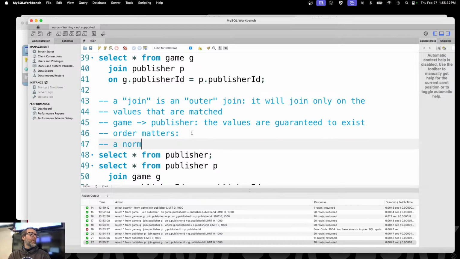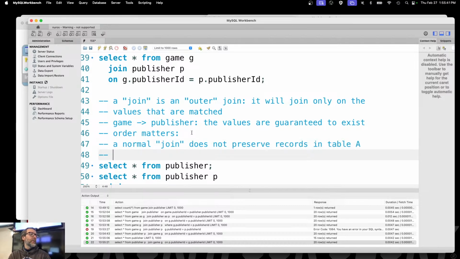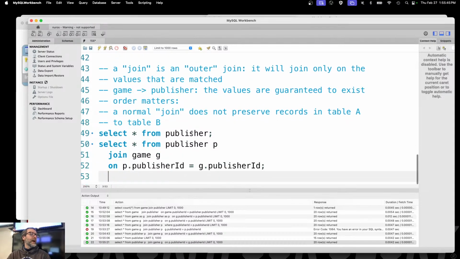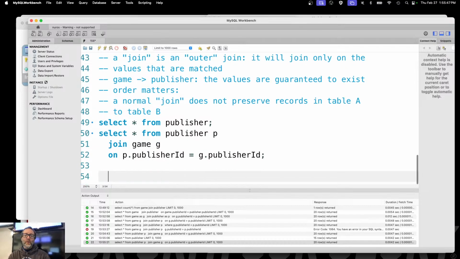A normal join does not preserve records in table A joined to table B. Okay? What we need is a different type of join. We need a left join.